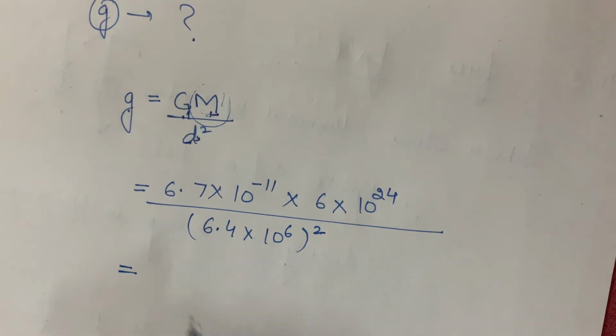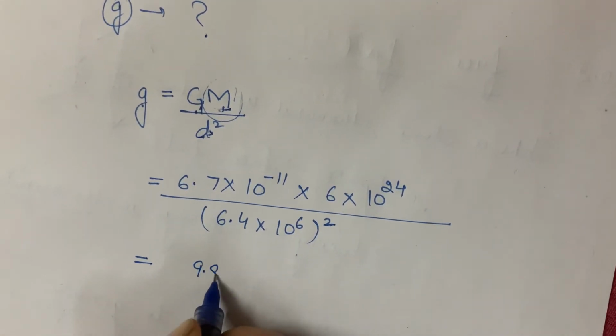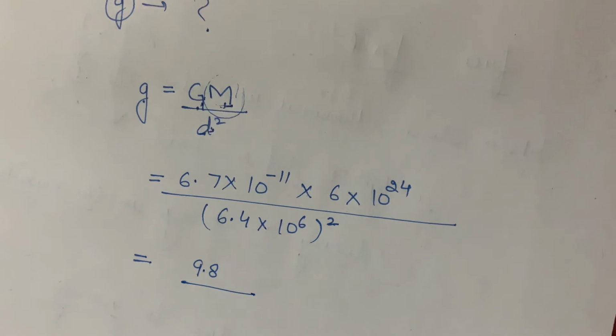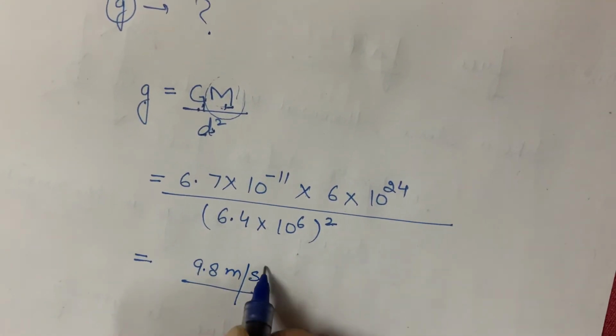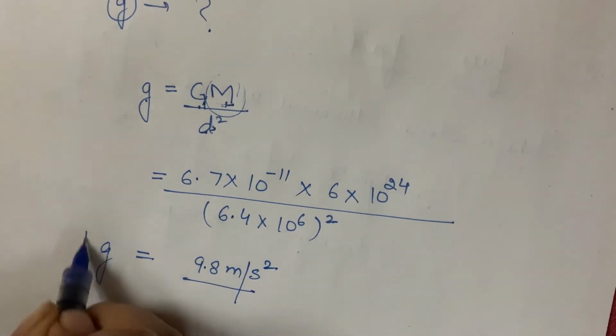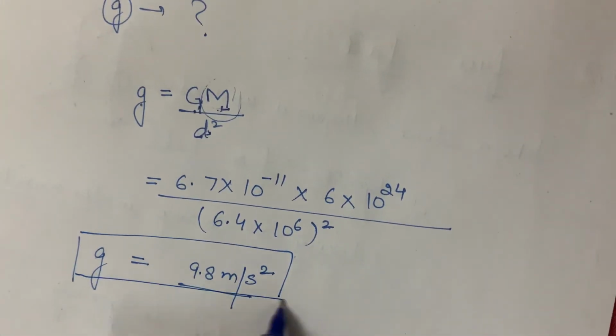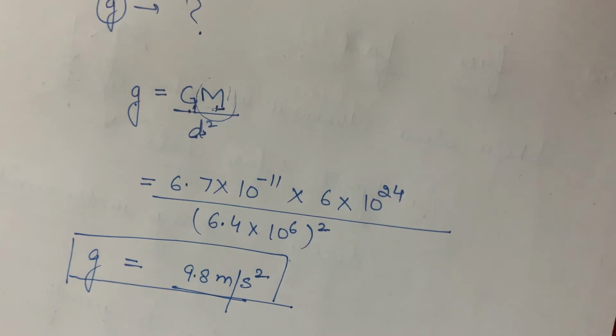When you calculate it, its value will come out to be 9.8, and the SI unit is exactly the same as that of acceleration, that is meter per second square. So this is the value of small g.